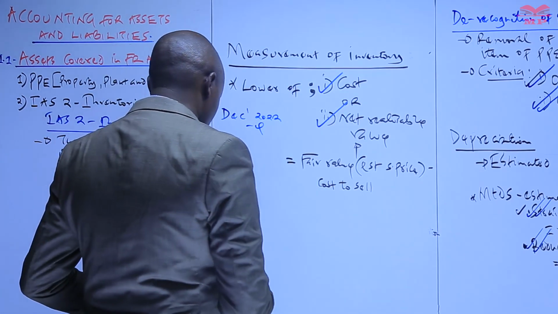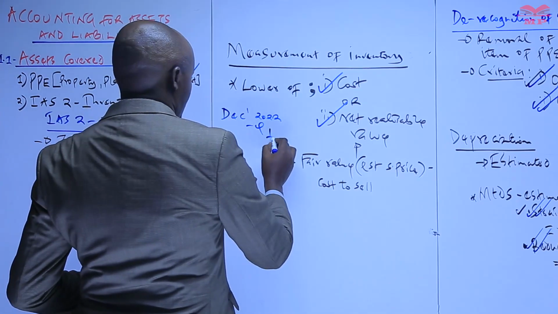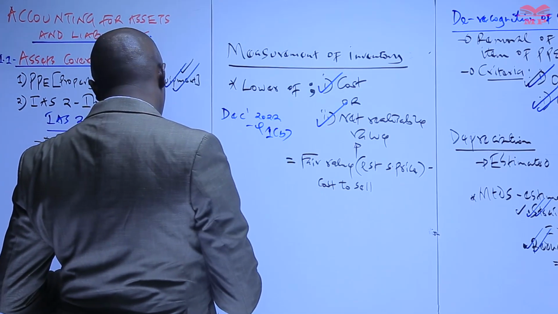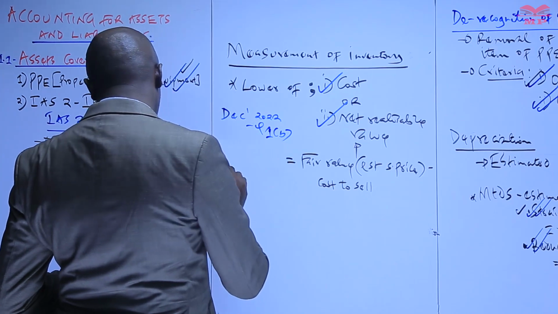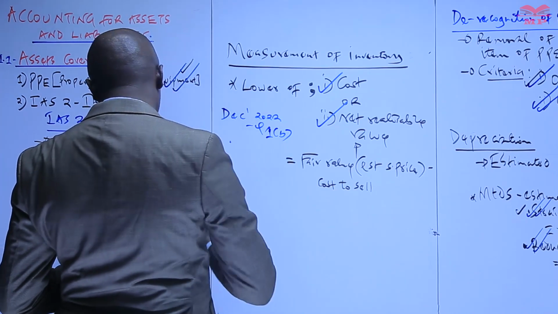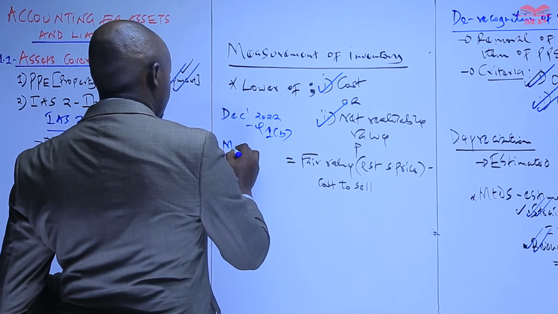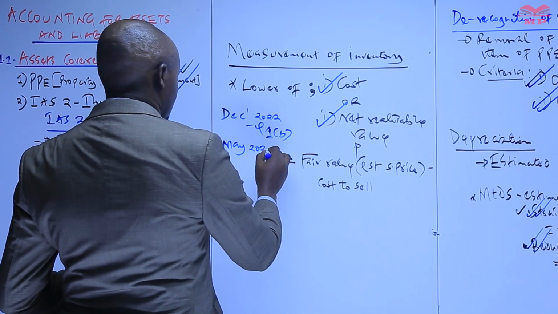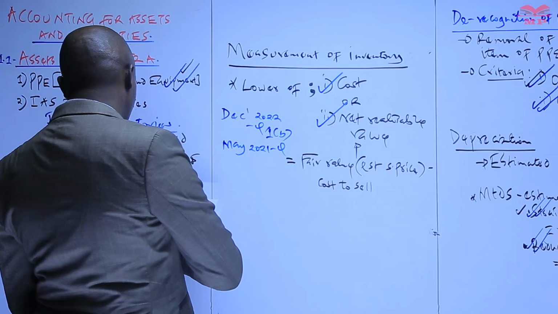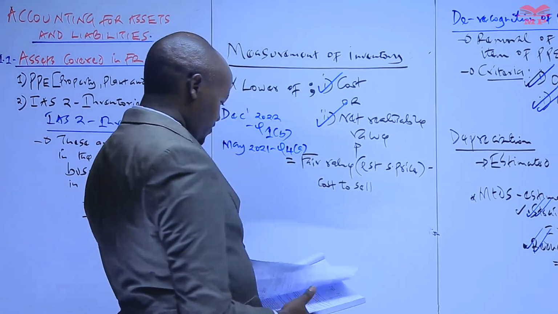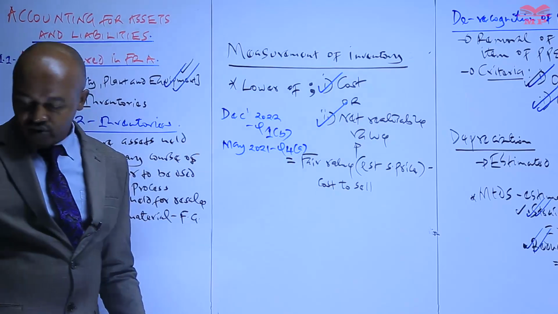This was question number 1A. We also have another question which was tested in the sitting of May 2021, and this was question number 4A. So you look at those two questions.